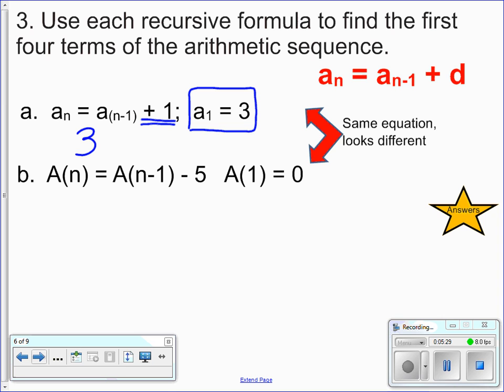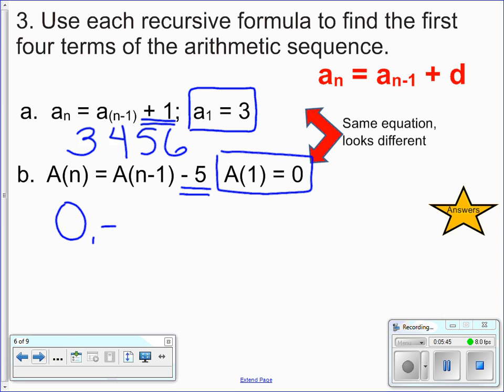So my terms are 3, 4, 5, 6. It's going up by 1. And my second one, my first term is 0, and it's going down by 5. So my terms are 0, -5, -10, -15.